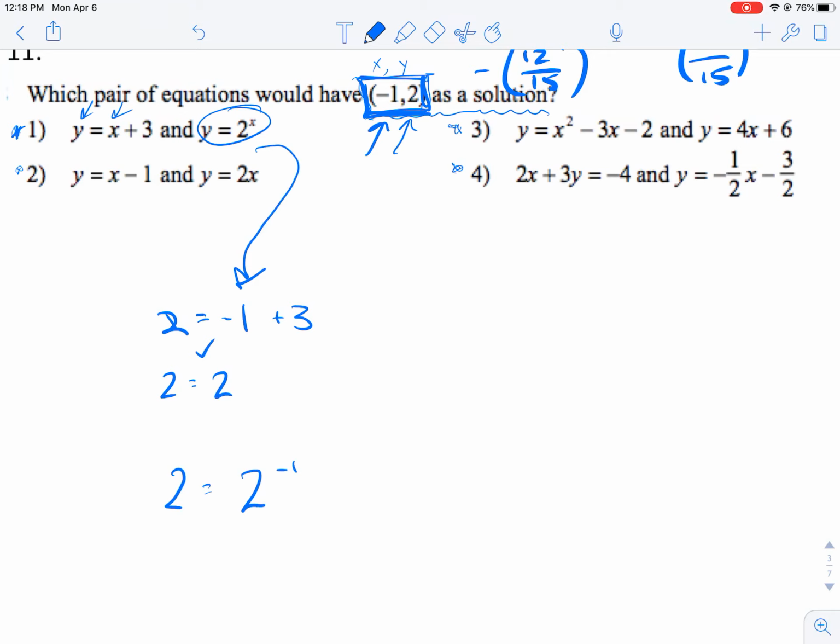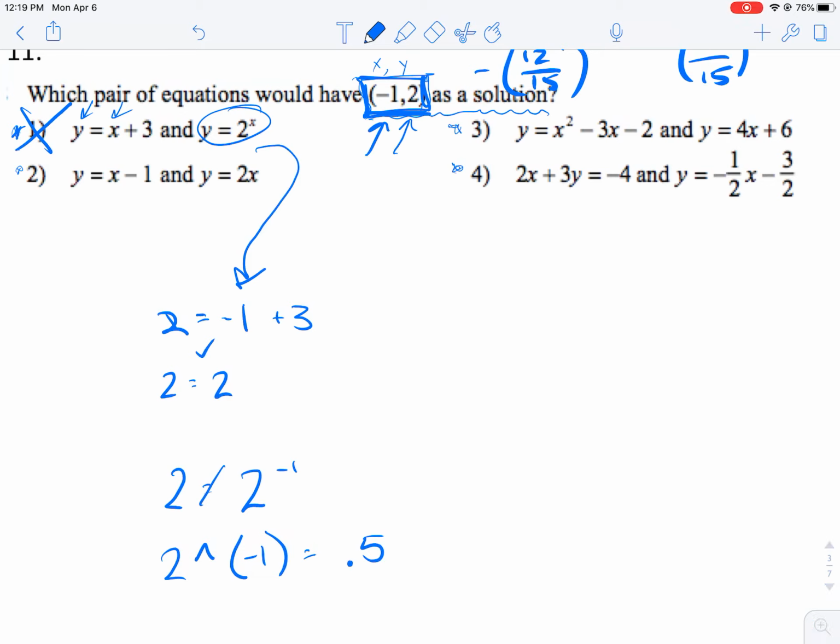Now, if you were to plug x and y values in for this, you would get 2 is equal to 2 raised to the negative 1. We haven't really talked about these types of powers yet, anything raised to a negative power, but we could still plug that into our calculator. So you could go 2, caret button, raised to the negative 1.